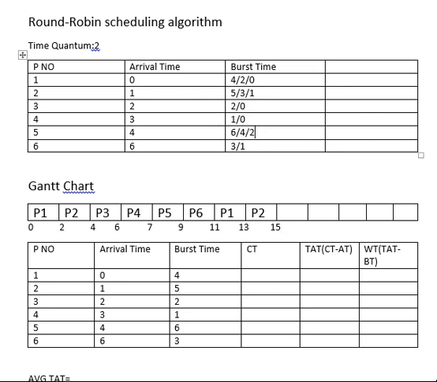It's 4, so minus 2 leaves 2 pending, so I'll write P5 here and it's 17. And P6 is 1, so we don't have to give it the complete time quantum of 2, it just requires 1, so we'll allocate 1 to P6. Right, so this is 18.